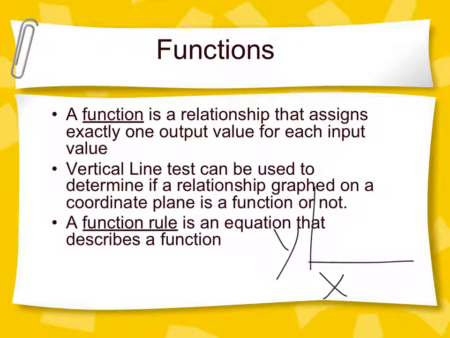And so our vertical line test just says that if we draw a vertical line, straight up and down, anywhere on our graph of data, and we only hit one point, then that relationship is a function. If it hits more than one point, then it's not a function. It's failed that vertical line test. Okay, usually if we have a function, we can write a function rule or an equation that describes that function. If it's not a function, we really don't have many options as to write a rule for it, and therefore we don't have a function rule.